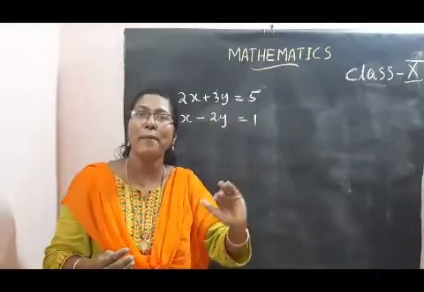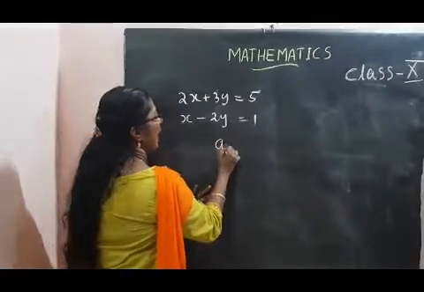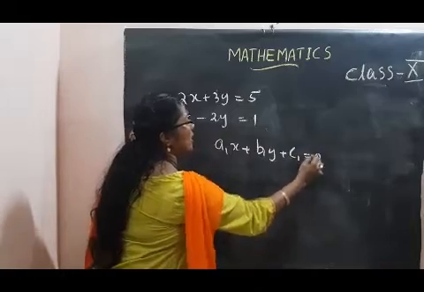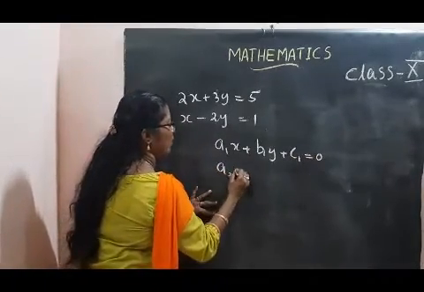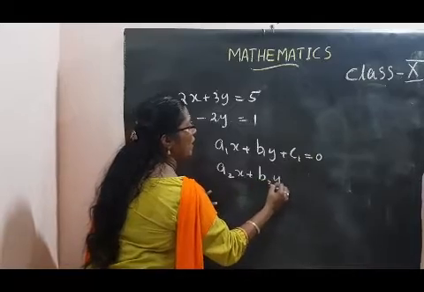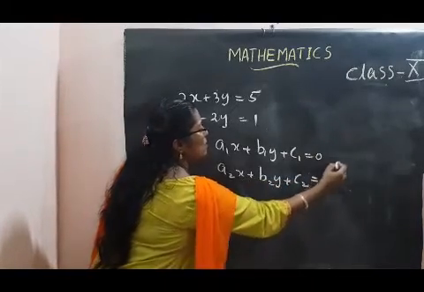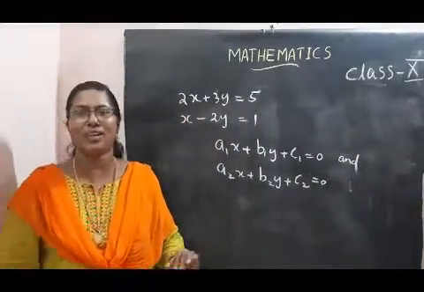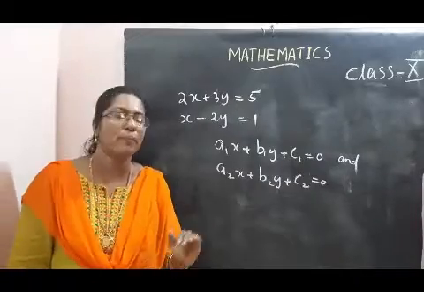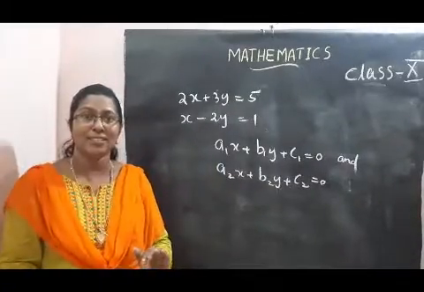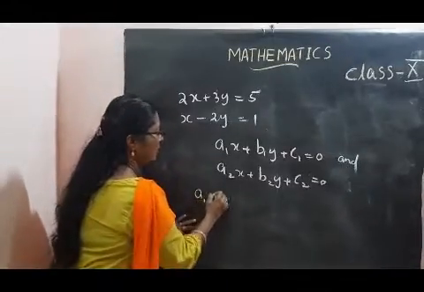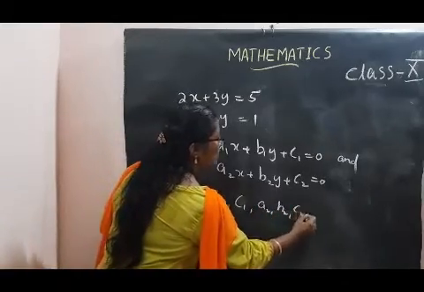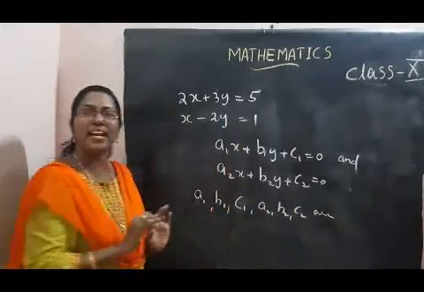The general form of a pair of linear equations is a1x plus b1y plus c1 equals 0 and a2x plus b2y plus c2 equals 0. And the condition is a1, b1, c1, a2, b2, c2 are real numbers.